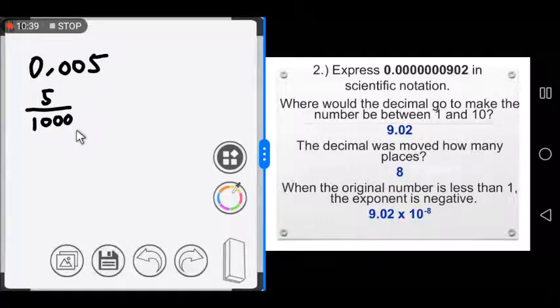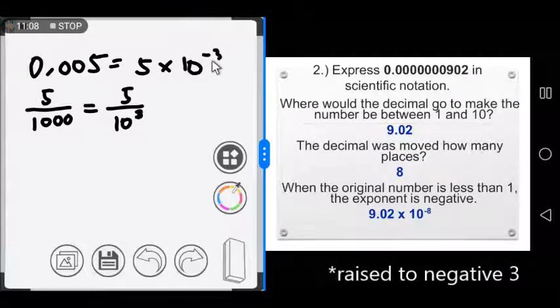Okay? And kung babalikan natin yung natutunan natin dati, itong 1,000 can be written as 10 times 10 times 10 or 10 to the third power. No po? So, kung susundin natin yung scientific notation, ito po ay kaparehas lang ng 5 times 10 to the negative third power. 1, 2, 3.